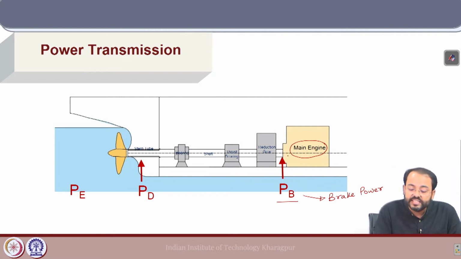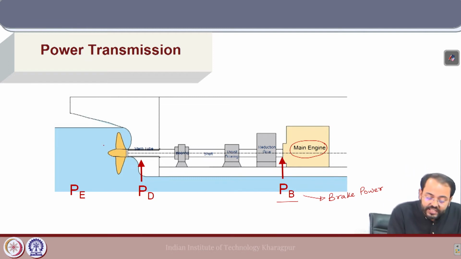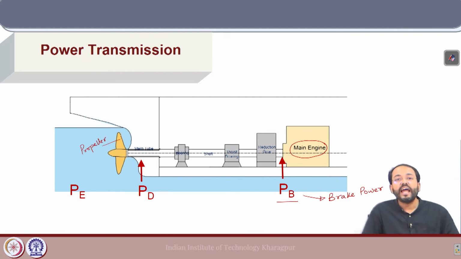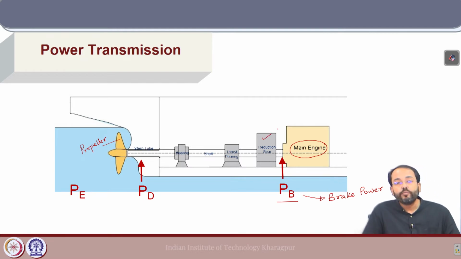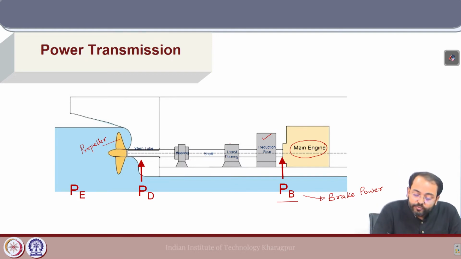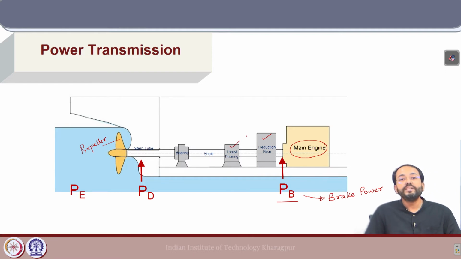Now, this marine engine is connected to the propeller by a shaft, and here we have a reduction gear, which is required if the speed of the engine is higher than the propeller RPM. On the other hand, if we have slow speed diesel engines, we can get rid of this reduction gear component. Then a thrust bearing is required, which transmits the thrust generated by the propeller through the shaft to the ship hull.